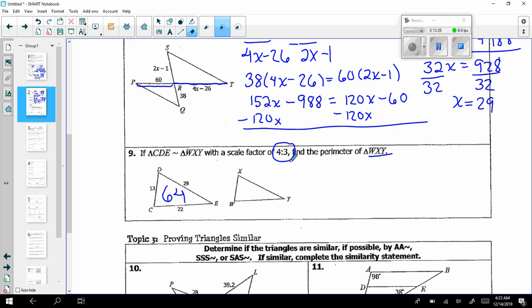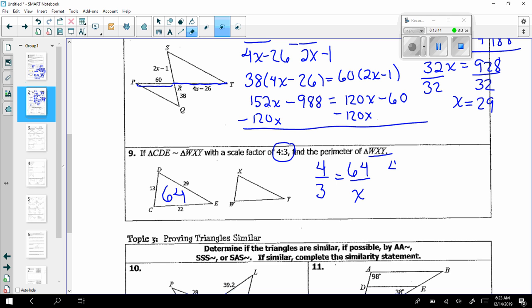Okay, so the perimeter of this triangle is 64. So I know this triangle is larger, right? We can tell here. So here's the scale factor of 4 to 3. And the perimeter of the larger triangle is 64, and we need to solve for the perimeter of the other one.